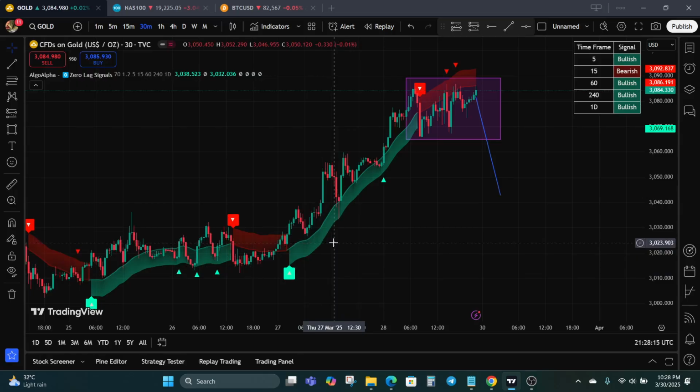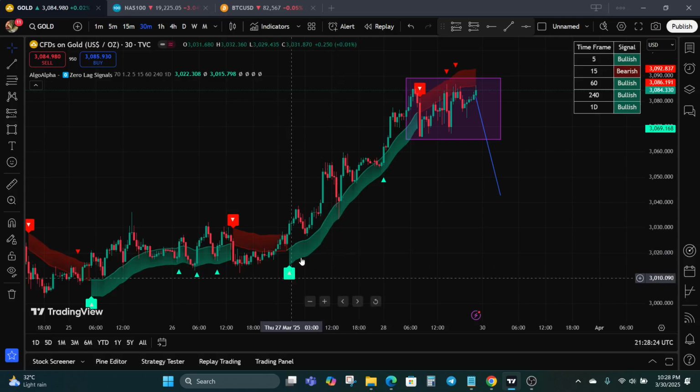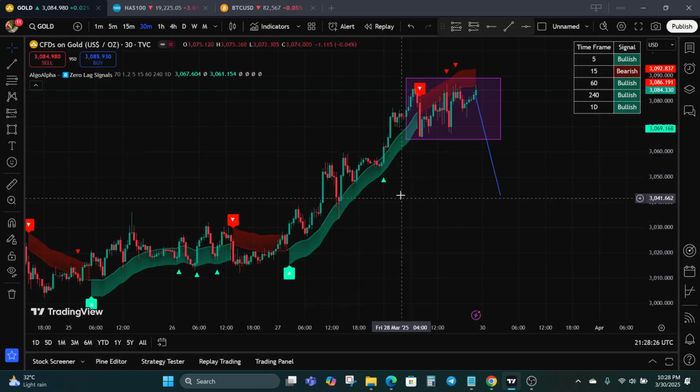So if you're using this indicator, of course, you should always get your confirmations right, okay? But it minimizes the manual work that you're going to do. It helps you identify the trend automatically. At the same time, it gives you precise buy and sell signals. So it helps to eliminate a lot of manual work, okay?